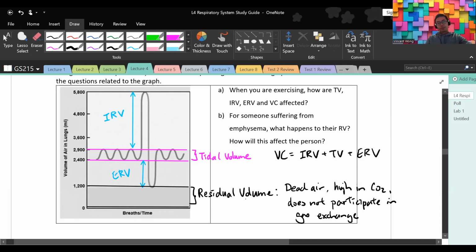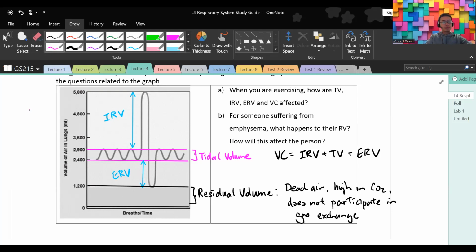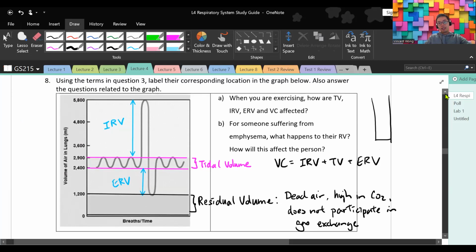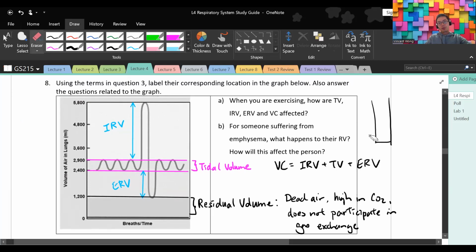gas exchange. So for example, let's just say these are totally made up numbers just to help you understand. Let's say this is your entire lung, and you're able to use all this volume for gas exchange. But if you have some dead air here, then you would only have, let's say, 80% space for gas exchange.